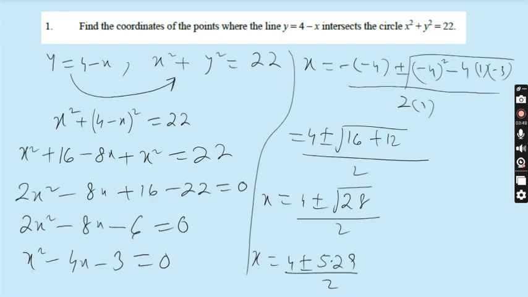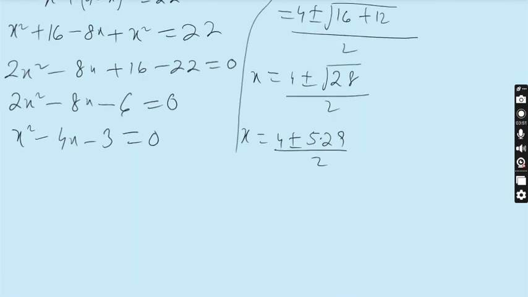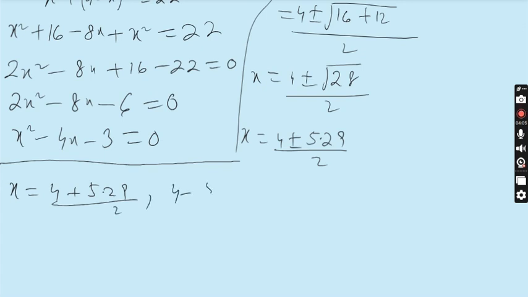One value is plus and one value is minus. So x equals 4 plus 5.29 upon 2, and 4 minus 5.29 upon 2.